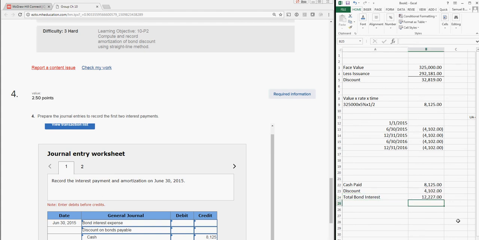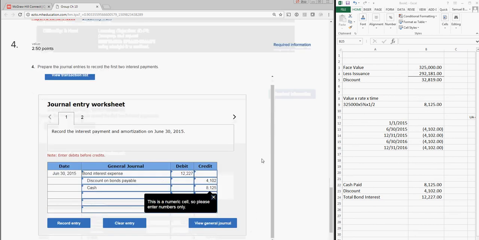Then I can calculate my total bond interest expense, $12,227. And I wanted to do that first because maybe I didn't know exactly where I was supposed to do this, but now I can see that I obviously need that $4,102 sitting over there as a credit. So the first interest journal entry for this bond, June 30th, gives us these 3 lines.